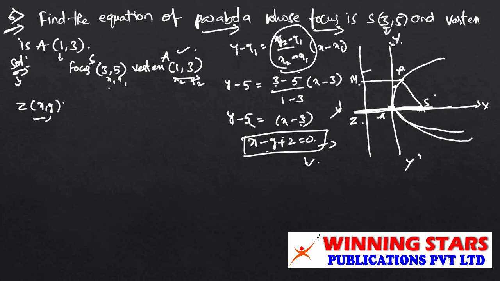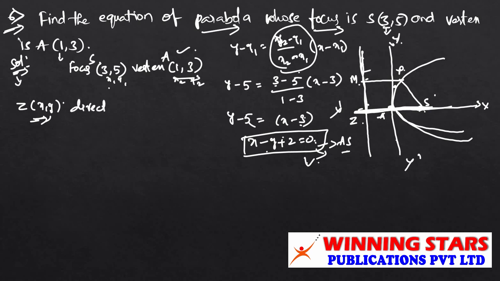Now this is the equation of the axis, from A to S. This axis is perpendicular to the directrix, and Z lies on the directrix, taken as (x, y). So the directrix is perpendicular to this axis, and the equation of the directrix will come like this.